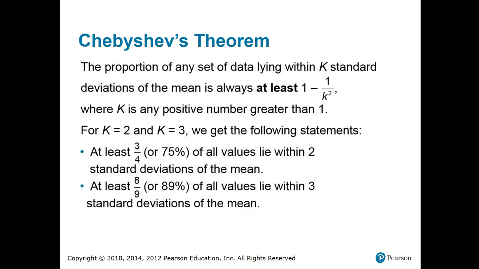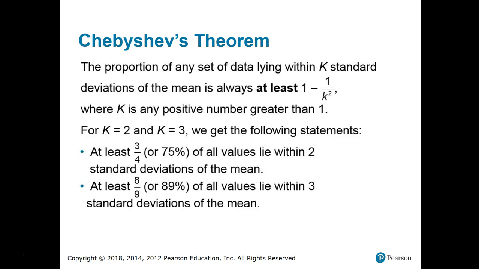All right, now Chebyshev's theorem. Now a theorem is a mathematical law that has been proven. That means that using certain logical rules, as well as certain properties of statistics, it can be shown that we always have this.